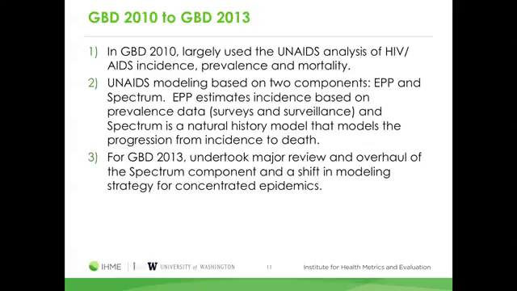For the GBD 2013, we've undertaken a much more fundamental look at the modeling effort around HIV. I think the way to think about this, there are 2 components in the UNAIDS modeling approach, and we've followed their basic framework. There's the EPP component, which is back estimating incidence from prevalence data.